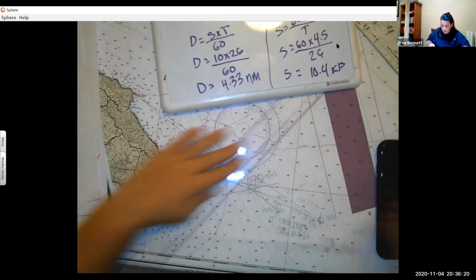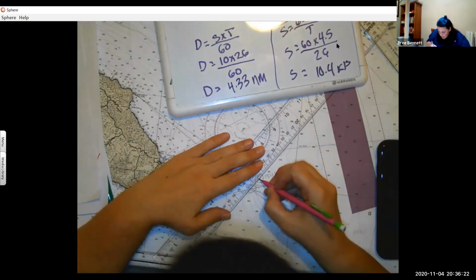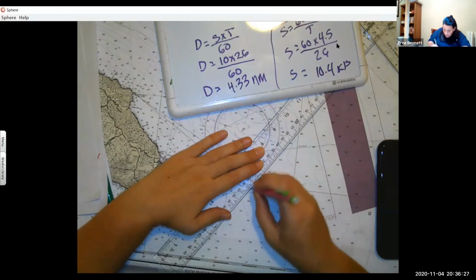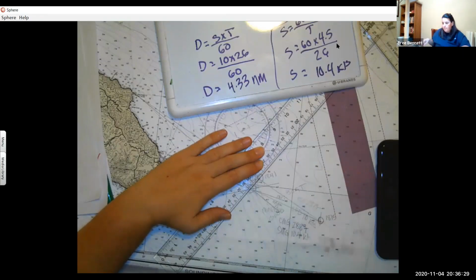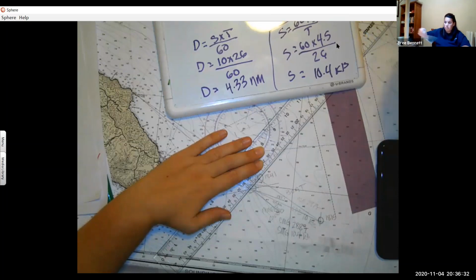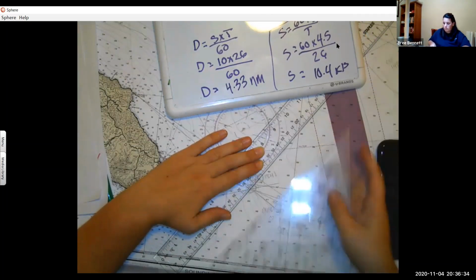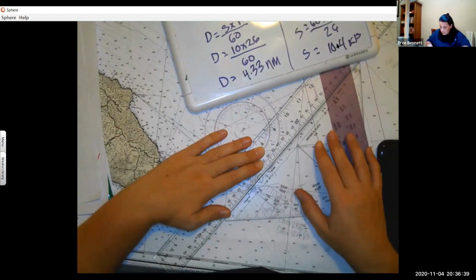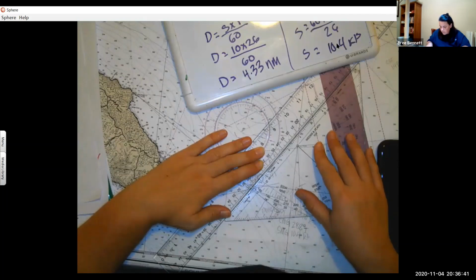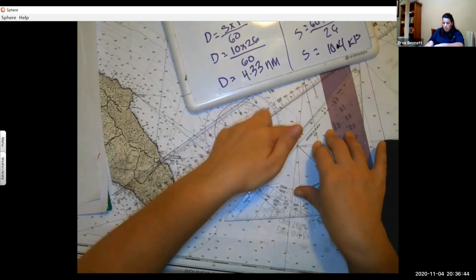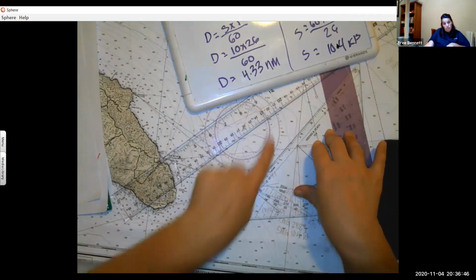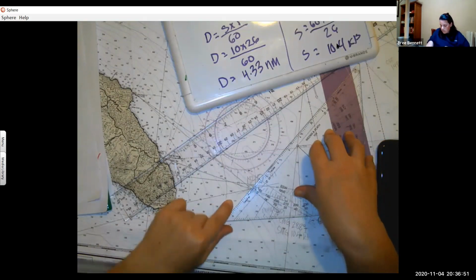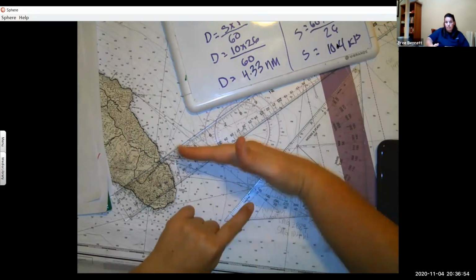Let's try to be accurate here. And I got a current, it's pushing us towards the south, the southwest. So it's going to be in between 180 and 270.